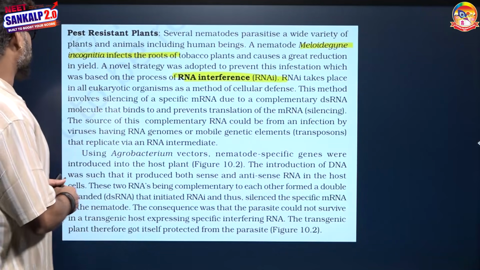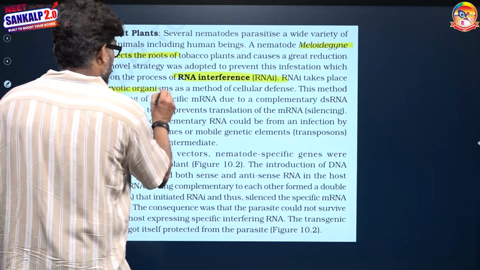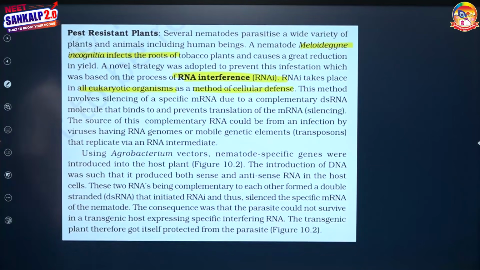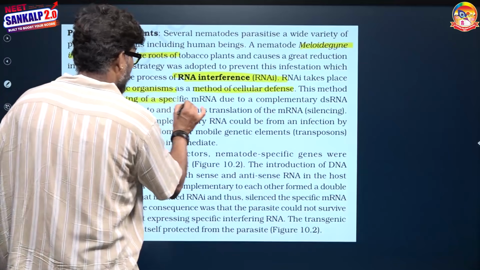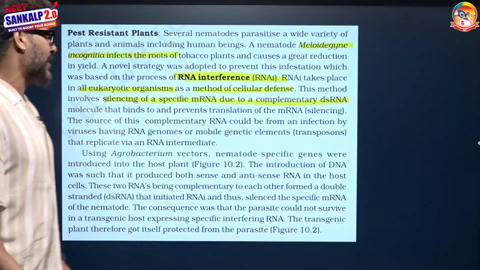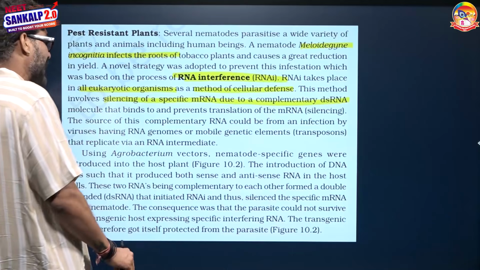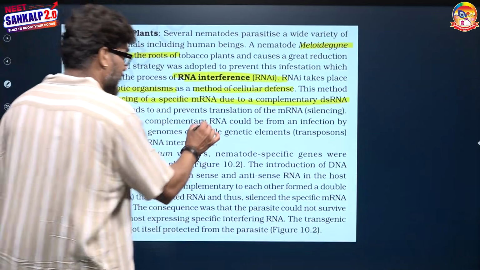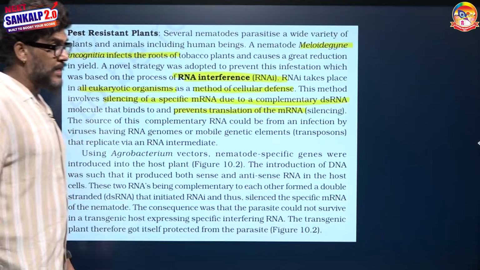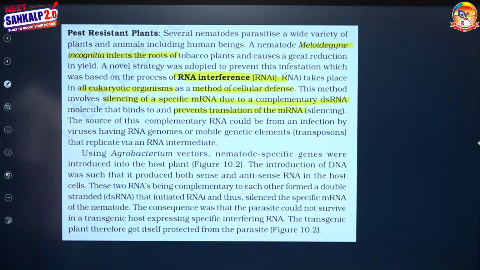RNA interference takes place in all eukaryotic organisms as a method of cellular defense. This method involves silencing of the specific messenger RNA due to a complementary double-stranded RNA that binds to and prevents the translation. Prevents what? Prevents translation of the messenger RNA, that is, post-transcriptional gene silencing.